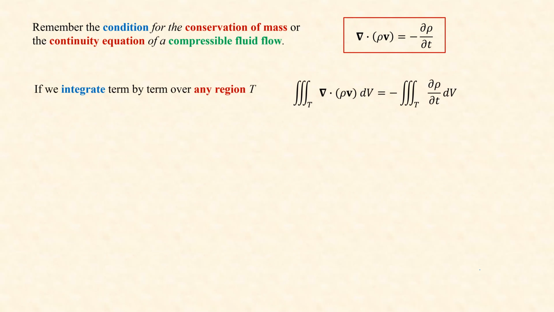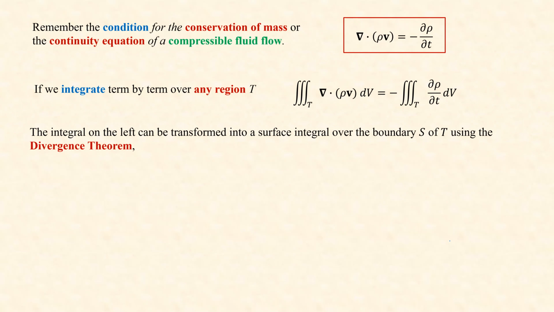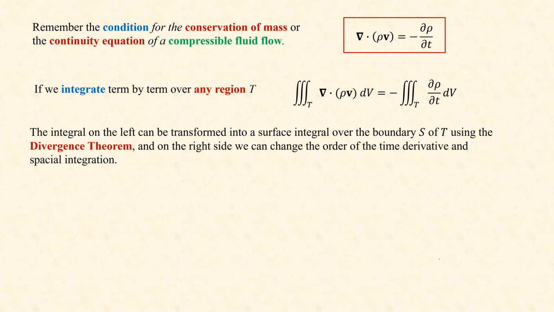So if you take the integral of both sides, it becomes the triple integral of divergence of rho v dV equals negative triple integral of the rate of change of rho dV. But now this one can be converted to a surface integral using the Gauss theorem. And on the other side, we can switch the order of the time derivative and the spatial integration, okay?